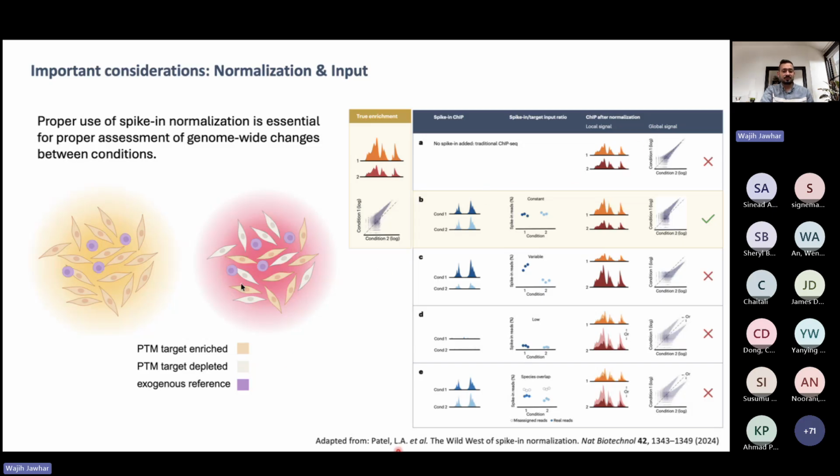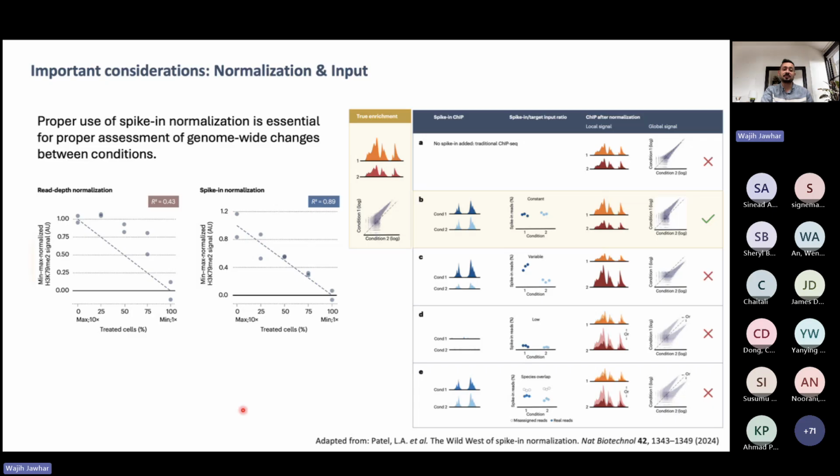And I'm going to show you an example from actual data. So this data comes from the very first paper that described the RX normalization technique. In this paper, the authors treated the human cells with DOT1L inhibitors. DOT1L is the enzyme that deposits K79 dimethylation. And then they mixed their cells in different proportions.